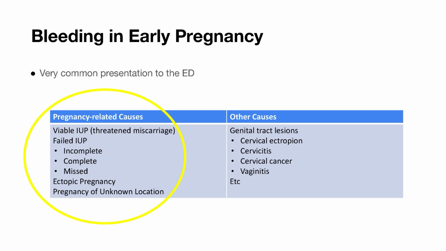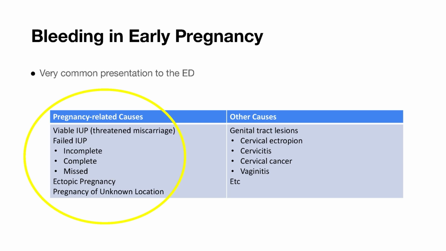It's important to understand the causes that we're trying to evaluate and risk stratify for in these women. And you can consider both pregnancy-related causes and other causes. Really, what's important here is whether or not the woman has a viable intrauterine pregnancy, as in a threatened miscarriage, has a failed intrauterine pregnancy, or what we often refer to as a miscarriage, and there are several subtypes.